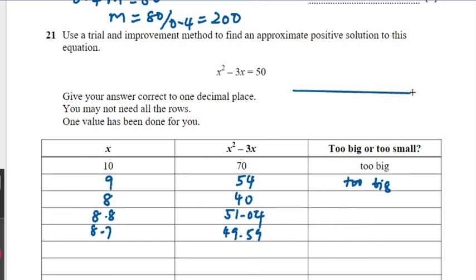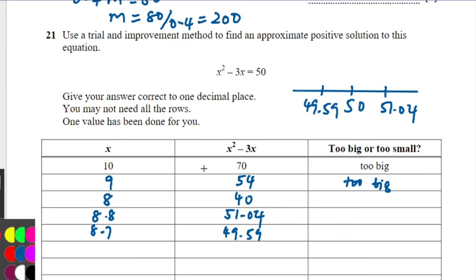So when we compare, your 50 is here, right? This 51.04 is somewhere here, and 49.59 is here. If you look at this distance, the difference is 1.04, and this one is less than 1.04.